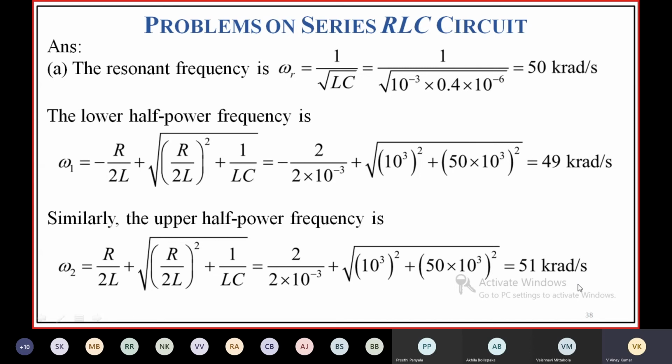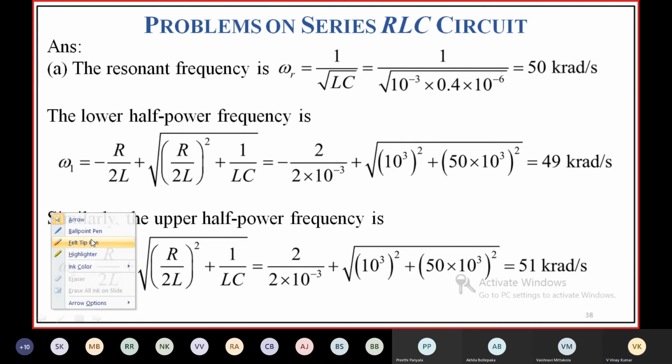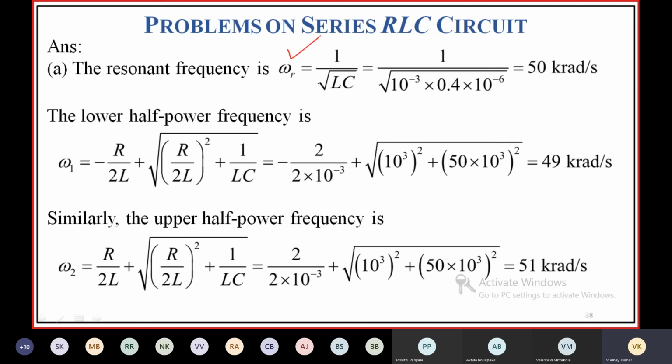That is the bandwidth. Here is another way of solving for the bandwidth and omega 1 and omega 2. You know this formula, right? First of all, you find omega naught or omega r.